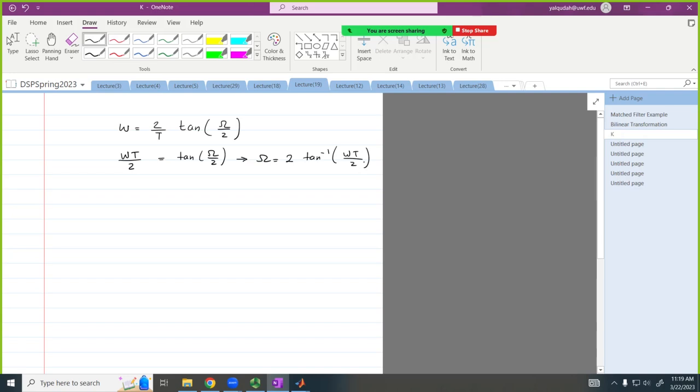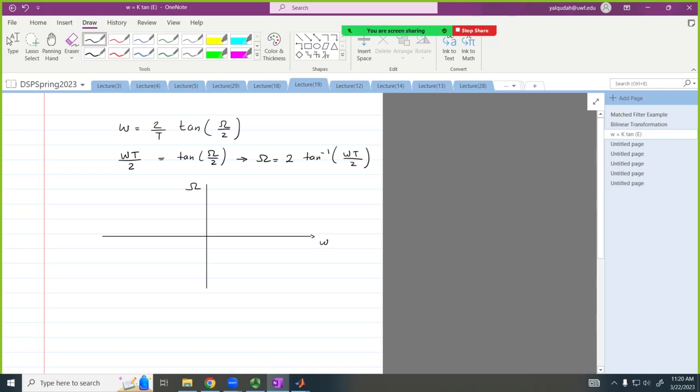So I can write W in terms of omega or omega in terms of W. Both are equivalent. Now let's see what this graph will look like if I were to plot omega versus W using this formula that we just developed.